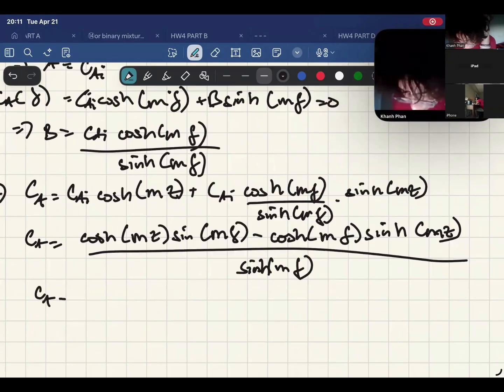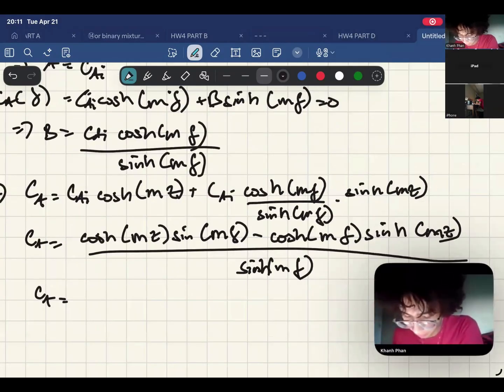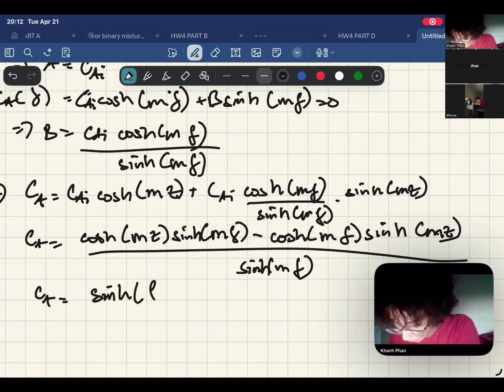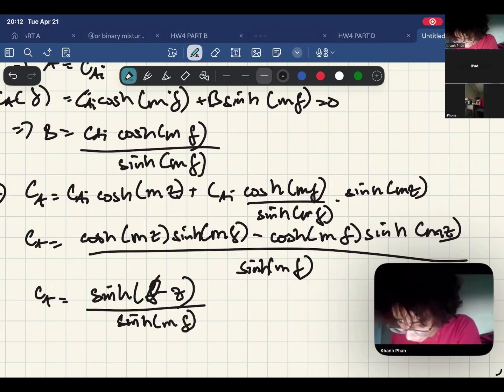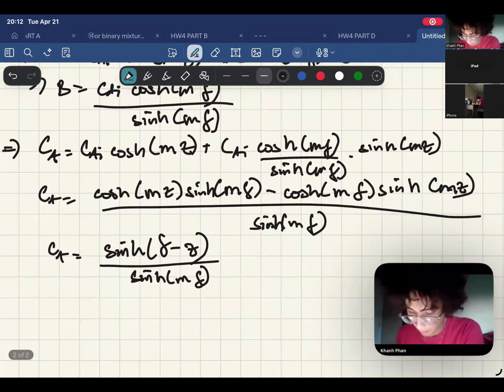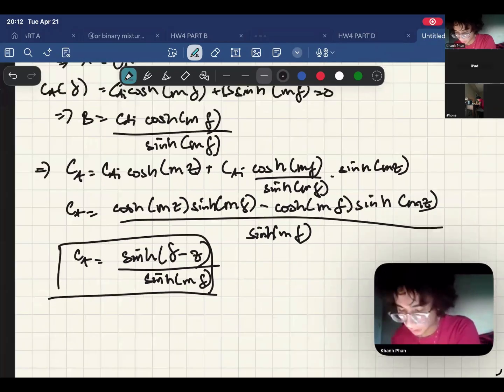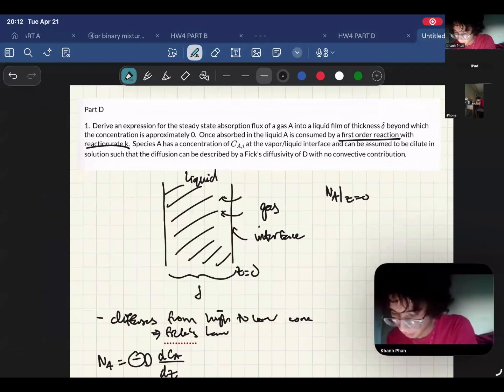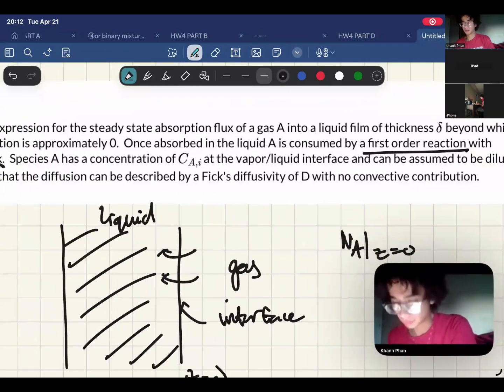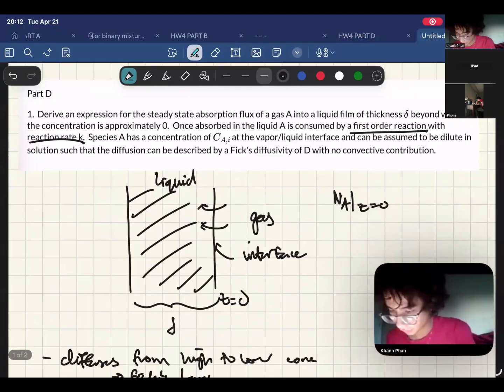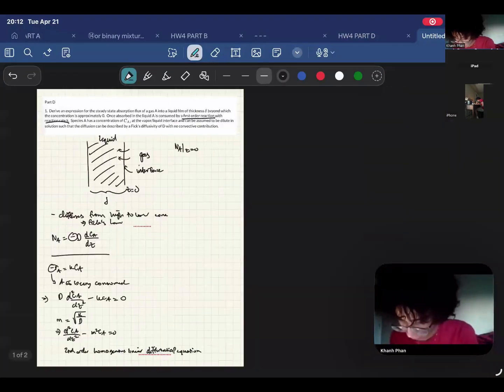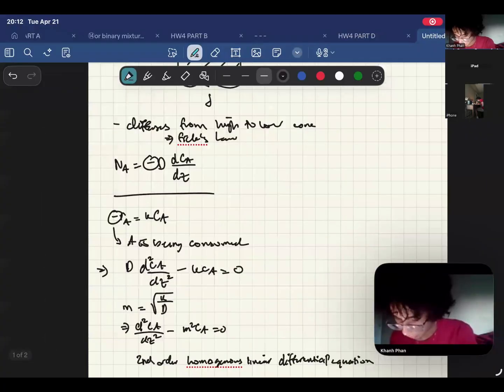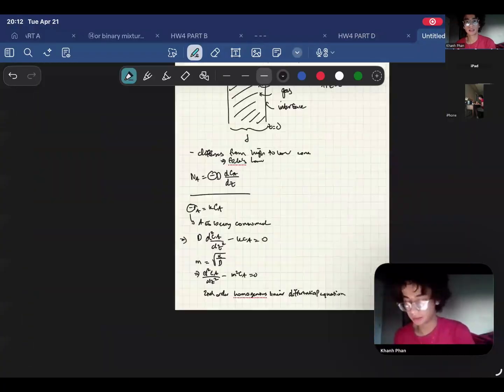After some simplification, we have CA equal to CAi times hyperbolic sine of m(theta minus z) over hyperbolic sine of m theta. That's the final equation for the concentration of A for a steady state absorption of a gas A into a liquid film. That's how we solve the second order homogeneous linear differential equation. Thank you so much for listening.